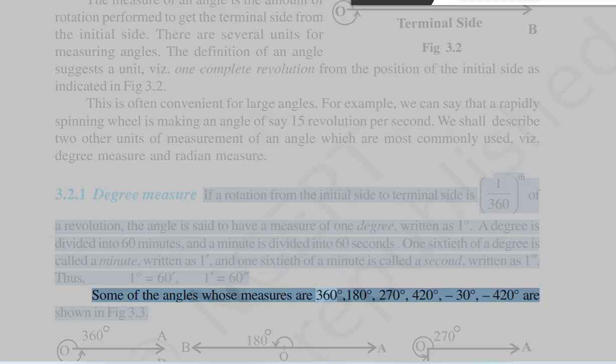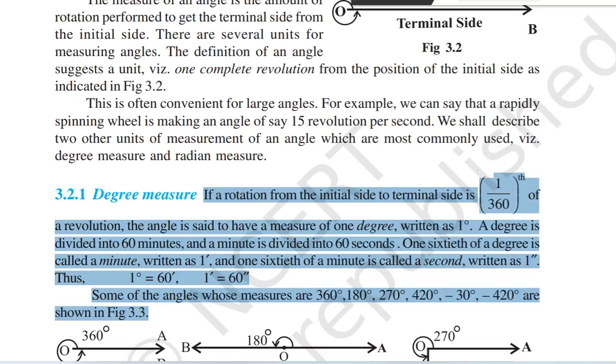Angles whose measures are 360 degrees, 180 degrees, 270 degrees, 420 degrees and 30 degrees are shown. So these are some of the measures.